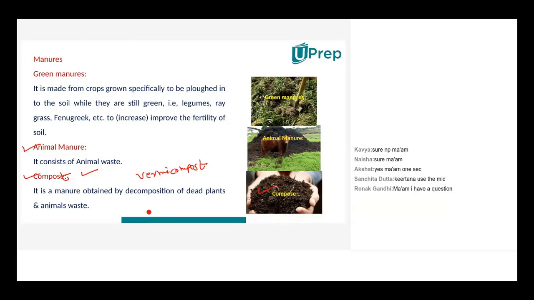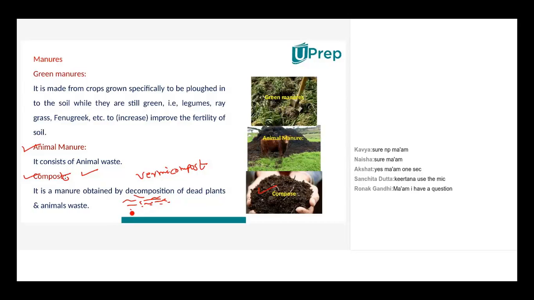Ma'am, vermicompost is a type of compost which includes the decaying of dead plants and animal waste by earthworms. So these dead and decayed animal waste, when they are thrown or spilled in the soil, certain earthworms are allowed to feed on that, and they treat it.